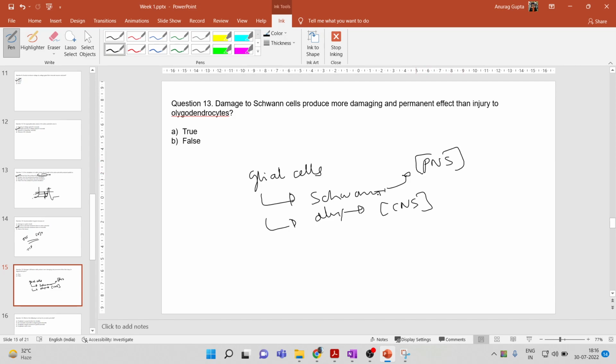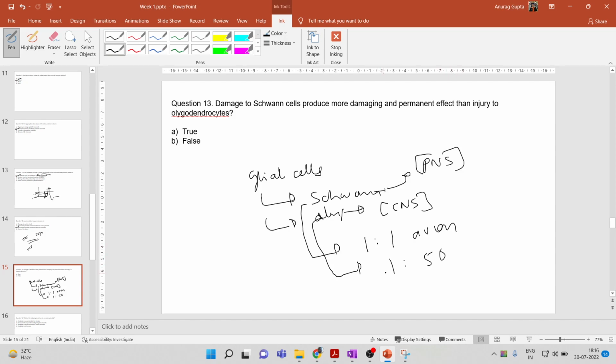So we also saw that Schwann cells, the ratio, one Schwann cell myelinates one axon. Okay, whereas one oligodendrocyte myelinates 50 axons.